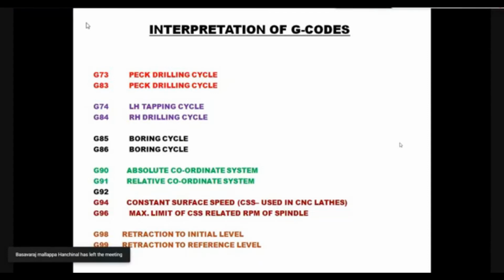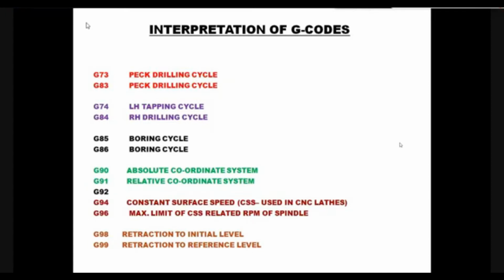So for safety of the operator, the workpiece, the tool, and the entire machine, we have to follow a few principles based on which we can perform the cutting action safely. I shall show you that in the part programs that I have prepared in the successive slides.